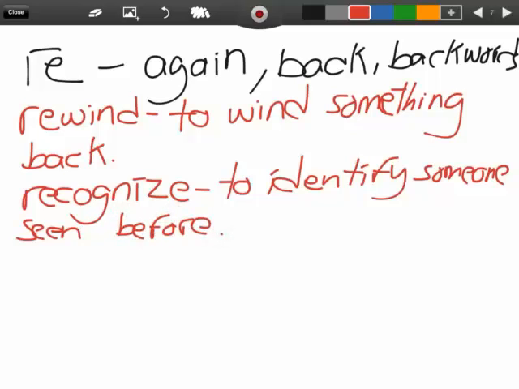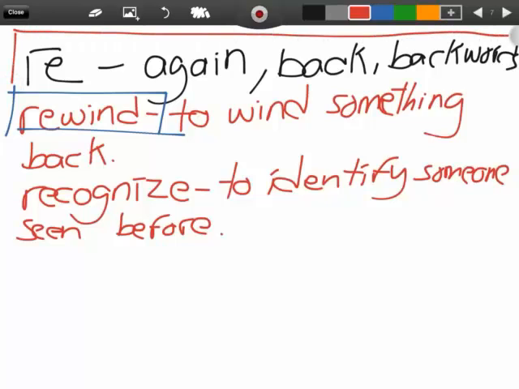I'm going to go ahead and use rewind in a sentence. Before I move on, I would like to point this out. This is a very important root, so I'm going to go ahead and put a star here. Alright, now let's form our sentence.